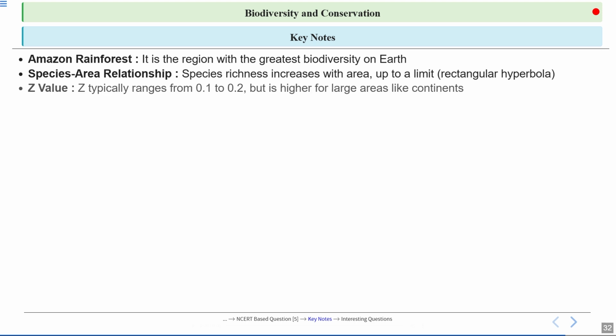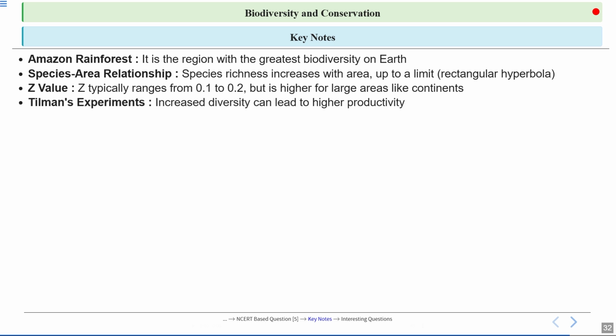Now we talk about the Z value. This number tells us how quickly species number increases as we explore more area. Usually Z is between 0.1 to 0.2, but for really big areas like an entire continent, it can be higher.